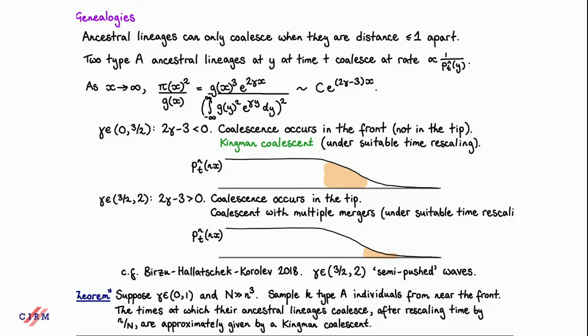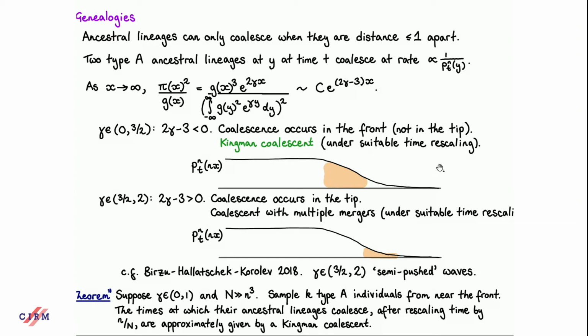And that's because, at least if you're in this orange region, the rate at which coalescence happens is much slower than the rate at which ancestral lineages move around. And so once a coalescence event has happened, the ancestral lineages have time to get back to their stationary distribution before any more coalescence is likely to happen.